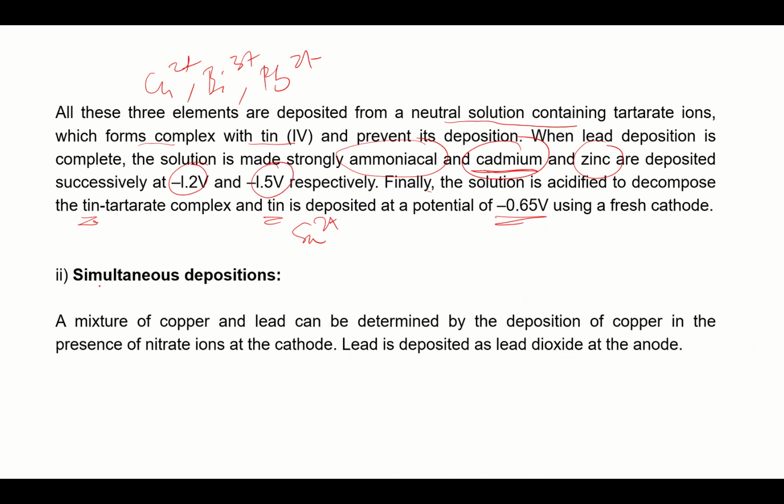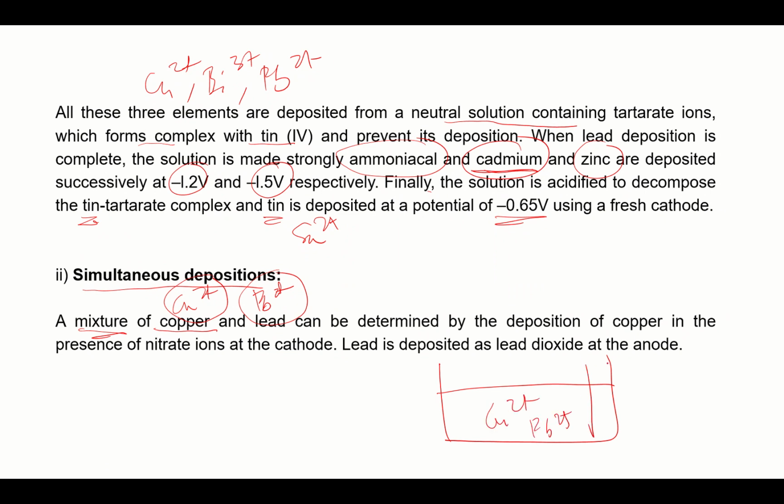Then you can also do simultaneous deposition. For example, a mixture solution of copper and lead can be analyzed. You can determine the concentration of copper and of lead by simultaneous deposition. For example, this container contains Cu2+ and lead 2+.